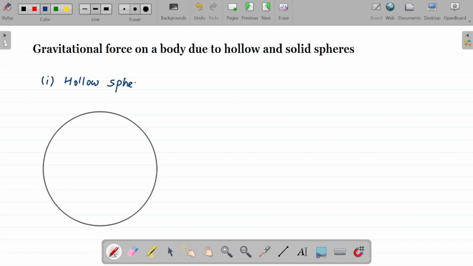So in the first case, let's take a hollow sphere. In case of a hollow sphere, a body can be placed outside somewhere.